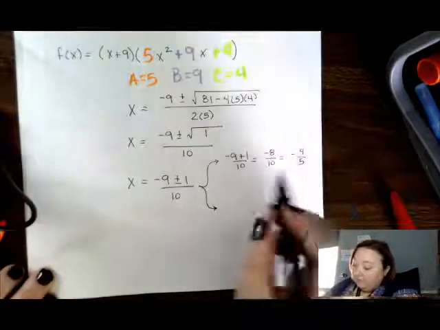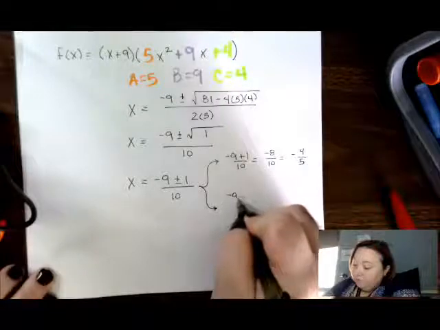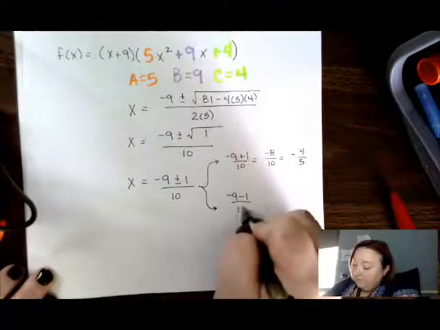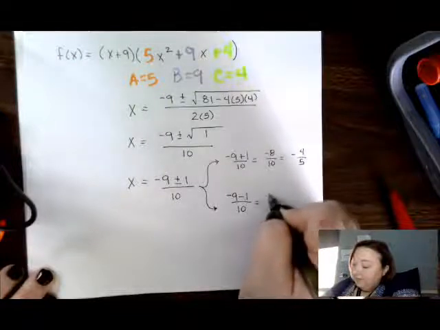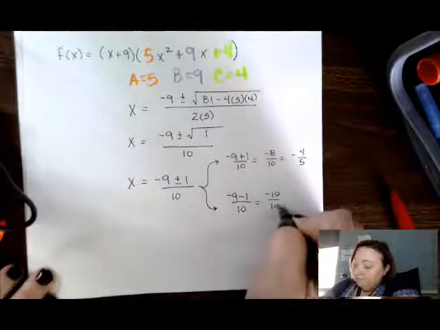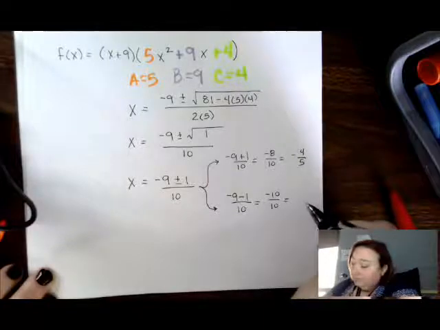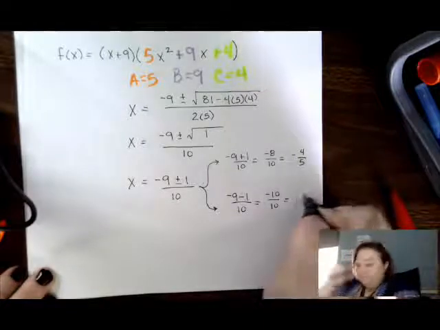And then we're going to do negative 9 minus 1 over 10, which is going to be negative 10 over 10, which is going to be negative 1.